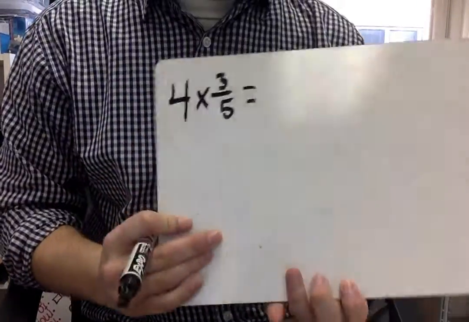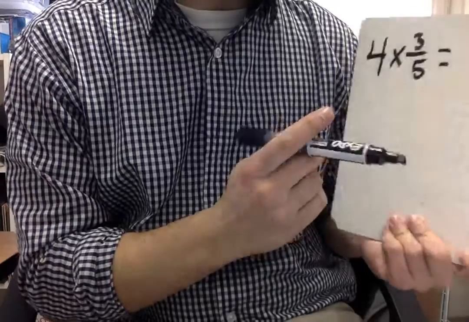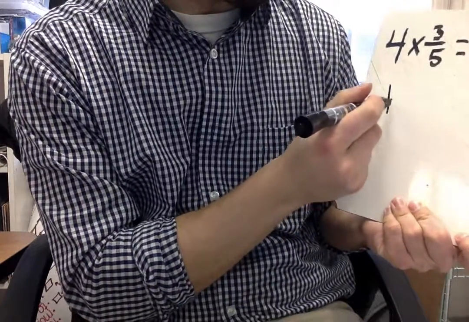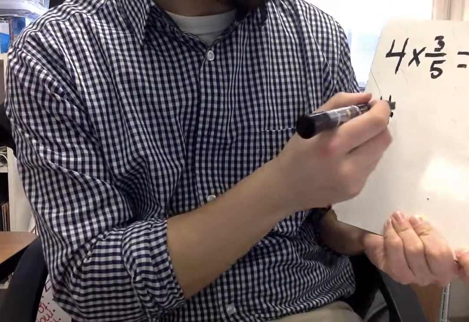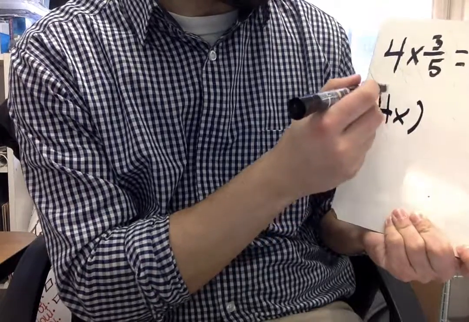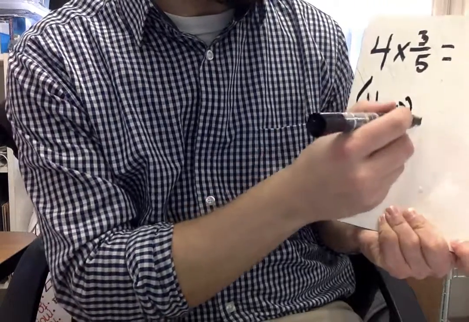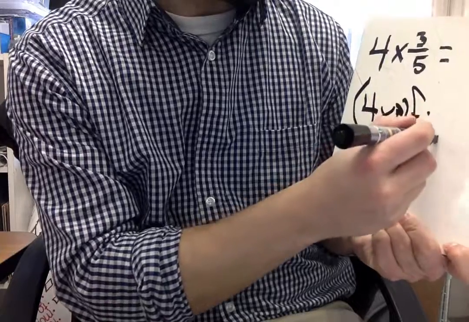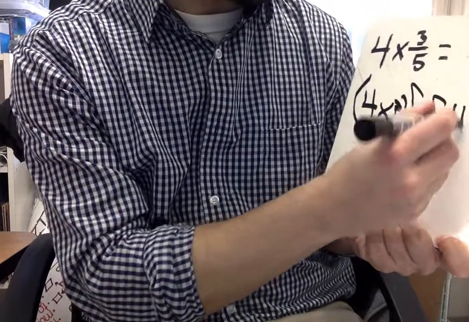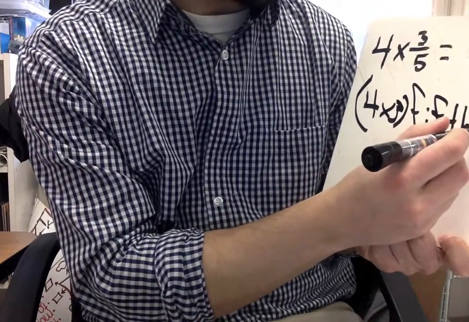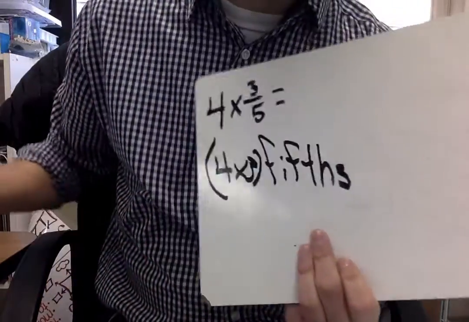We could say 4 multiplied by 3/5, or we could say 4 times 3/5. We have different ways to find our answers.